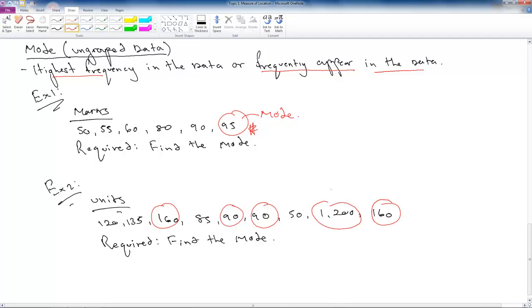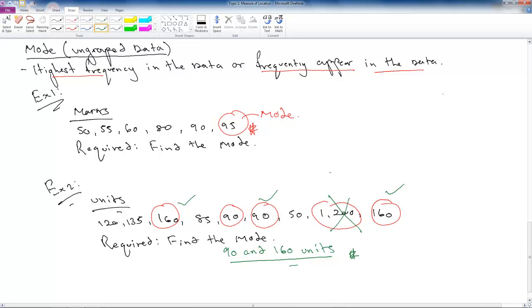So you cannot go for 1200, you must go for 160 and 90. Are we okay with that? So the answer will be 90 and 160 units. That will be our mode.